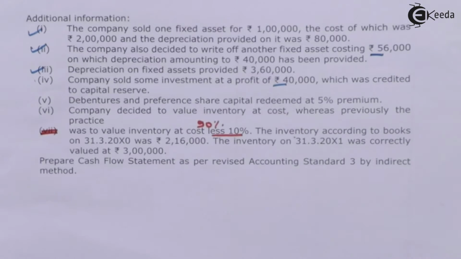So your entry for redemption of debenture will be debenture account debit, premium on redemption of debenture account debit to cash or bank. Friends, here premium on redemption can be written off from which account? It will be written off from any of the free reserve. We will use P&L account.